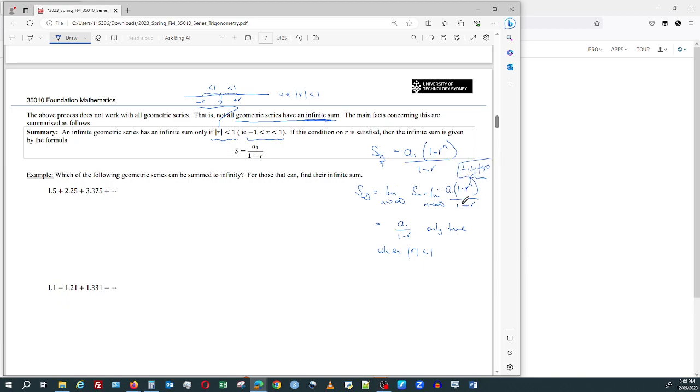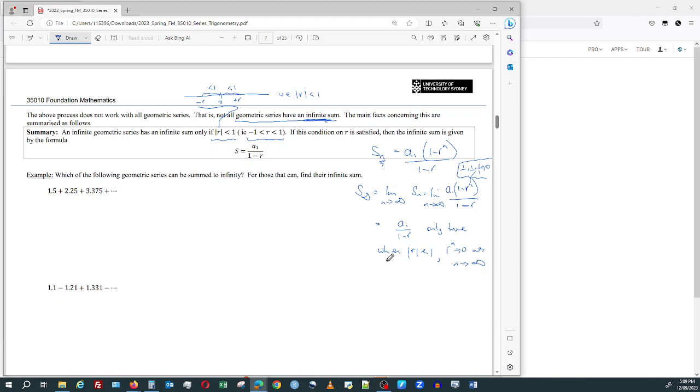Okay? So all of this maths goes together, doesn't it? So r to the n approaches 0 as n approaches infinity, because r is fractional, it's less than 1. See that? r is less than 1.